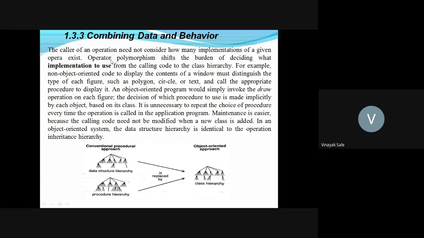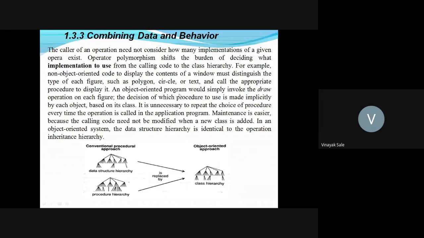Operator polymorphism shifts the burden of deciding what implementation to use from the calling code to the class hierarchy. For example, non-object-oriented code to display the contents of a window must distinguish the type of each figure, such as polygon, circle or text, and call the appropriate procedures to display.